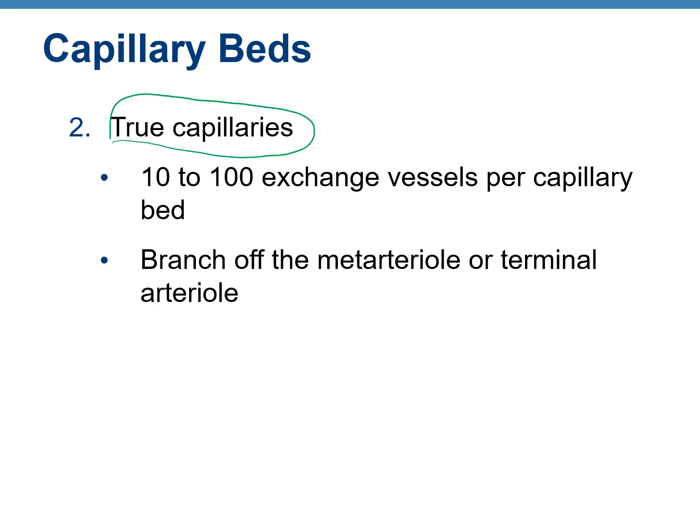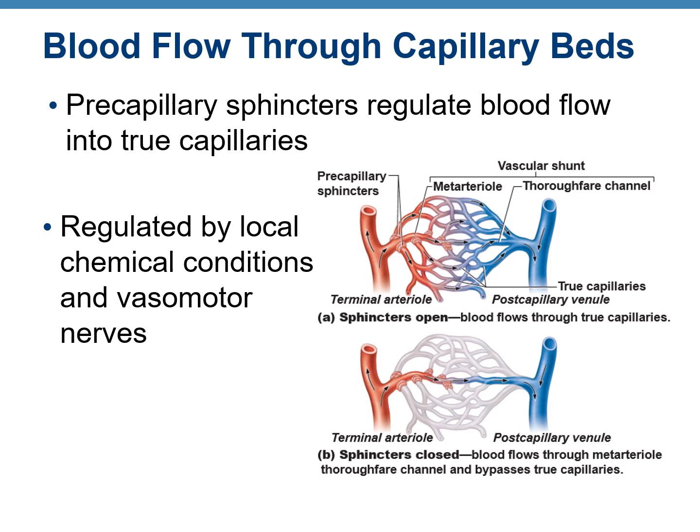So let's go ahead and look at the picture on the next slide. So here's our capillary beds, right? Here's a capillary bed over here. And this blood vessel is an arteriole, terminal arteriole.